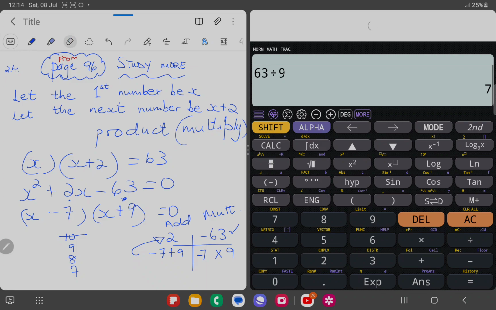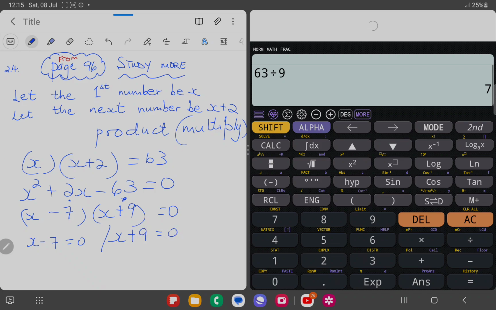Now let's clean this so that everything is clear, so that we can do the next step. The next step: let's solve for x. We've got x minus 7 is equal to 0, or x plus 9 is equal to 0.